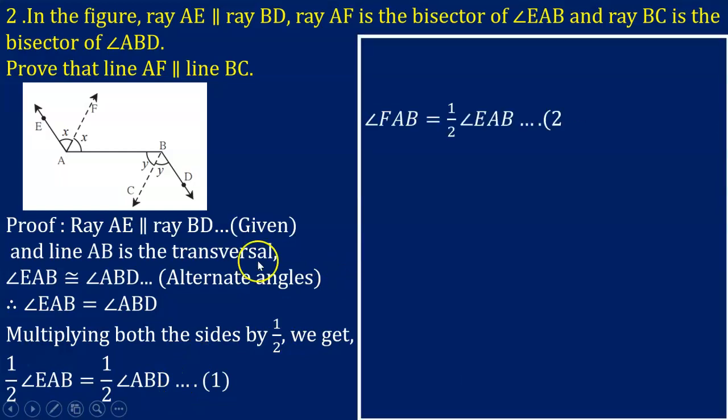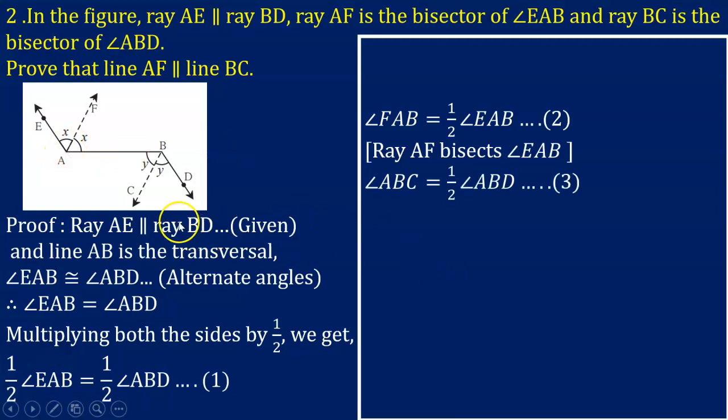If you take there half, that is a half of EAB, that is equal to FAB. This is the second one, as AF is the bisector of EAB. Next, ABC is equal to 1 upon 2 measure of angle ABD. This is the third statement, as BC is the bisector of angle ABD.